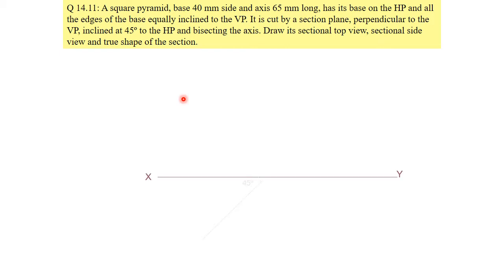So draw first the XY line, and below the XY line you need to draw the base of the pyramid. Okay, so one more thing is written here. These are the edges. How many edges? 4 edges.